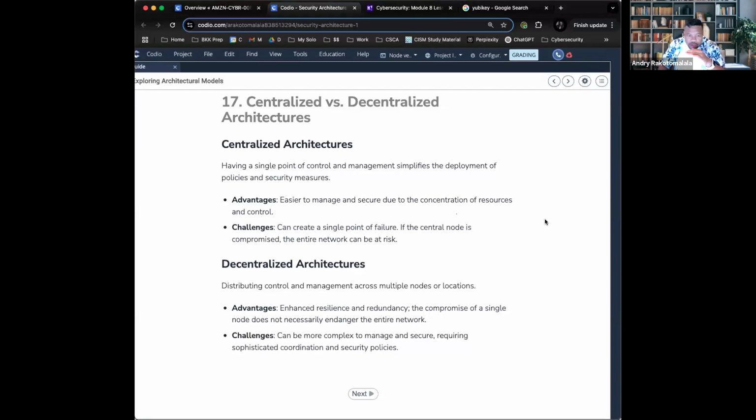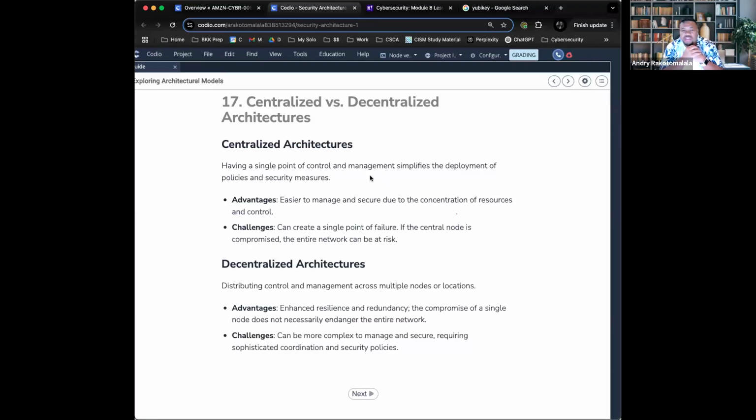So let's talk about the pros and cons here. When we're talking about centralized, because you have that single point of control, that central location, it's easier to control, it's easier to manage, it's simpler to keep secure. With that one location, you can have strict access control, which controls everything else in the architecture. It's also more efficient and you don't need as many resources to keep it alive.